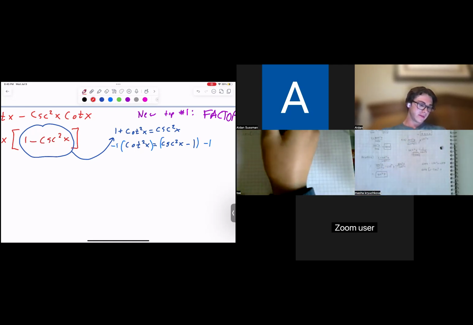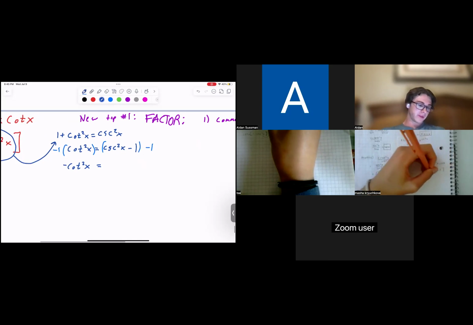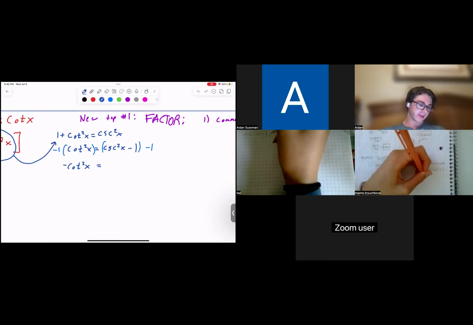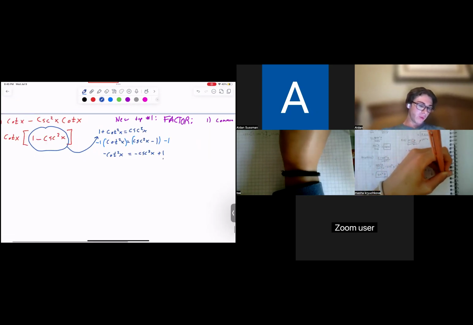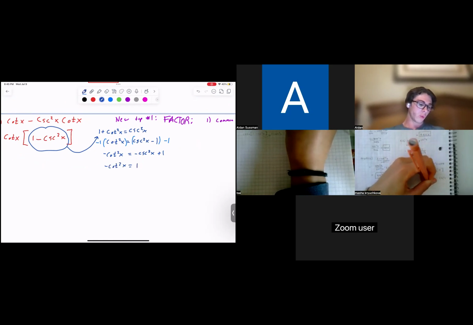Well, this side becomes negative cotangent squared of x. And this side becomes, well, this becomes a minus. So that's minus cosecant squared of x. And this becomes a plus 1. And we can move the 1 to the front. And that's the same thing as negative cotangent squared of x equals 1 minus cosecant squared of x.